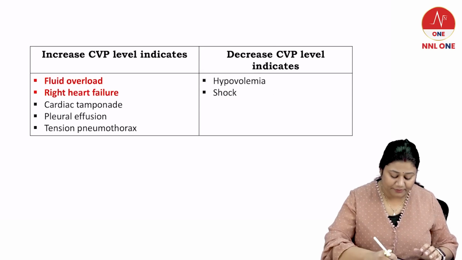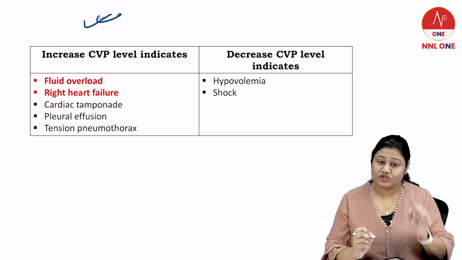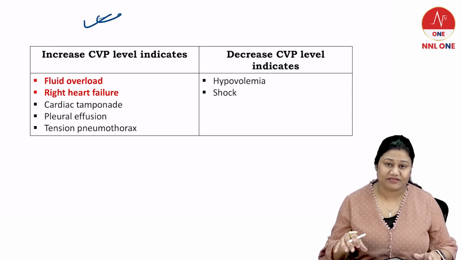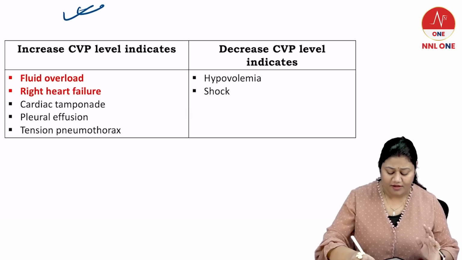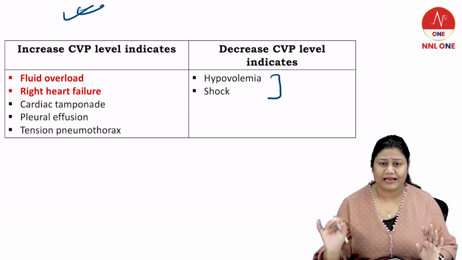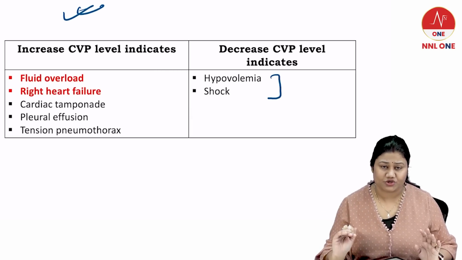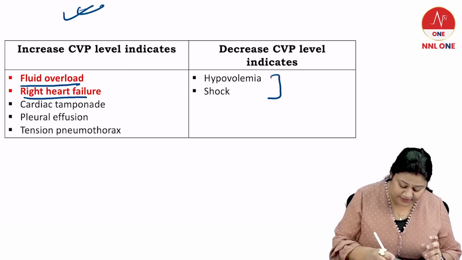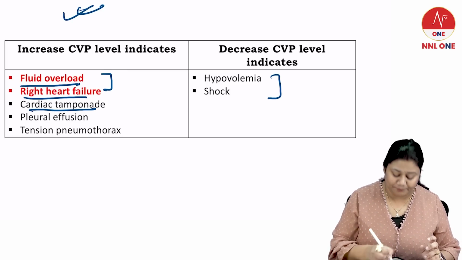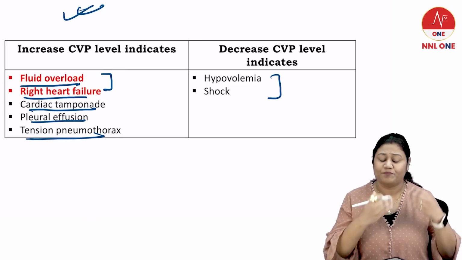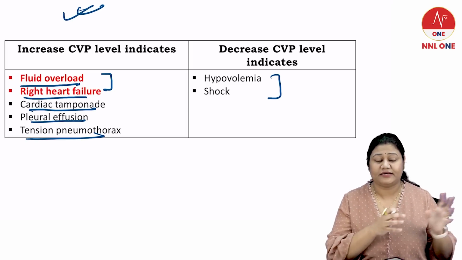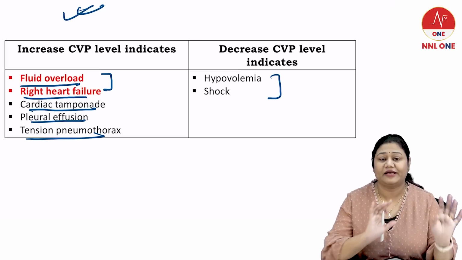Now another important table which you need to revise is in which conditions we can have increased CVP pressure and which conditions we can have decreased CVP pressure. Shock and hypovolemia, very easy to remember: when we have shock and hypovolemia, we have decreased CVP pressure. In case of fluid volume overload, right heart failure, these are very important. Cardiac tamponade, tension pneumothorax, pleural effusion, all those are conditions where we require immediate intervention.